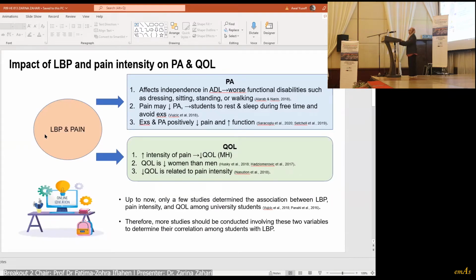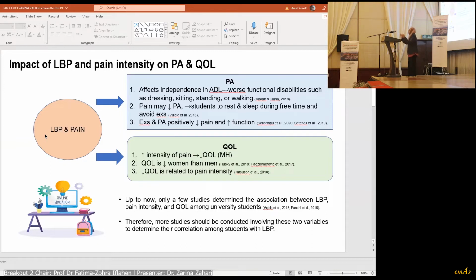What is the impact of low back pain and pain intensity on physical activity and quality of life? Low back pain, together with the pain, affects independence in activities of daily living, which worsens functional disabilities such as dressing, sitting, standing, or walking.